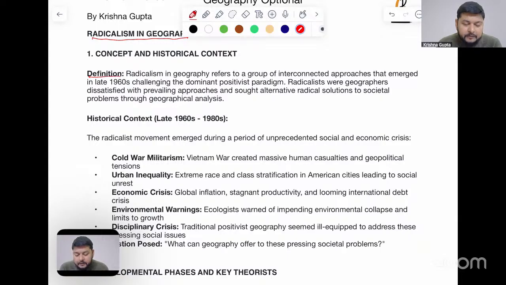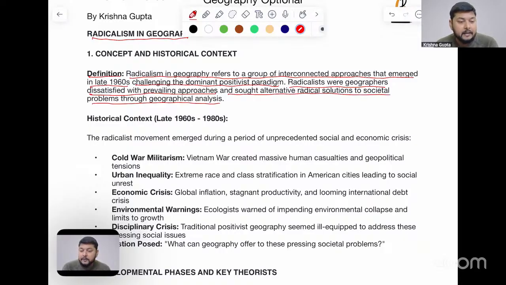So, the definition of radicalism. Radicalism in geography refers to a group of interconnected approaches that emerged in the late 1960s, challenging the dominant positivist paradigm, that is the quantitative revolution. Radicalists were geographers dissatisfied with the prevailing approaches and sought alternative radical solutions to societal problems through geographical analysis.